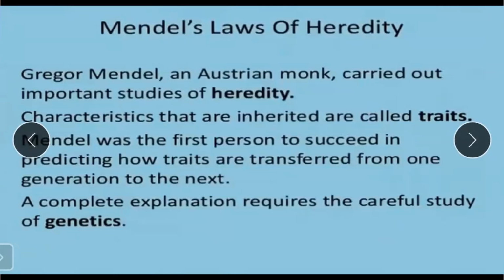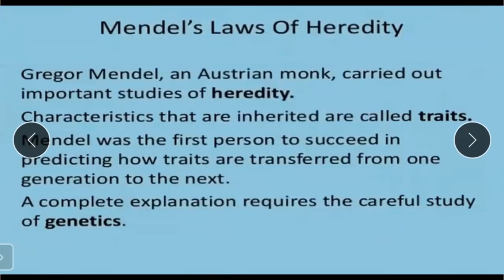So a complete explanation requires what? To understand all these topics, what do we need? We require the careful study of genetics. The question arises in our mind, how does this happen?